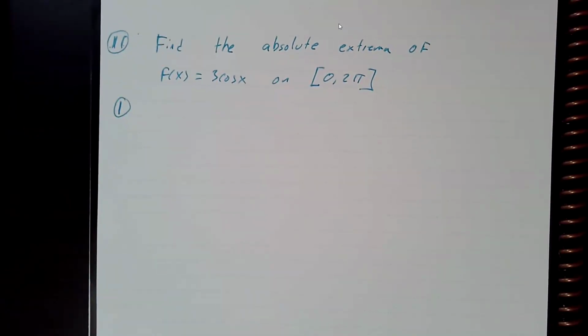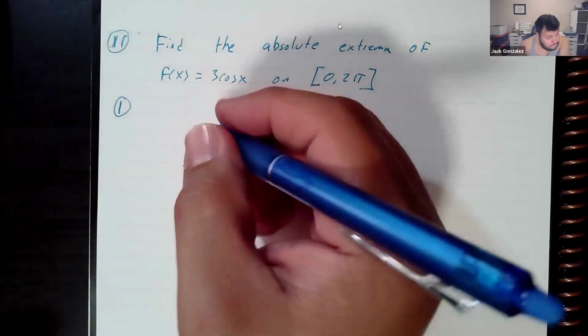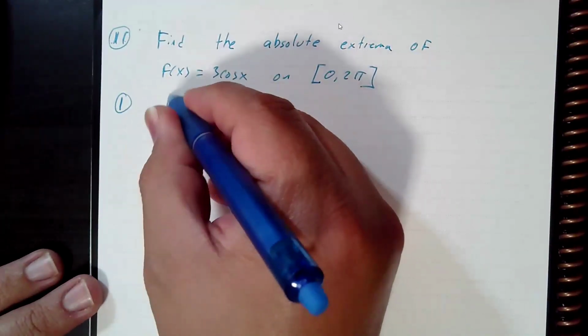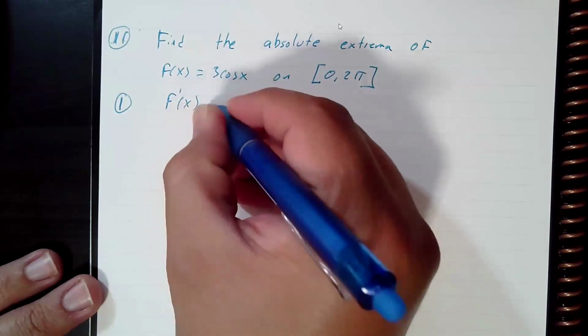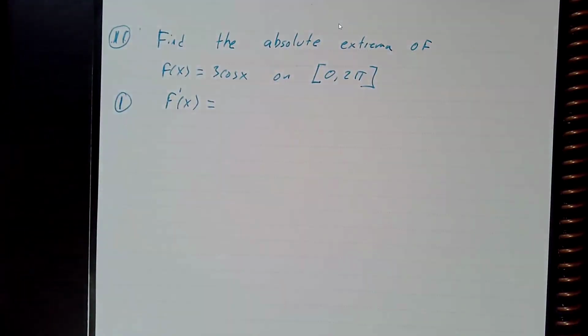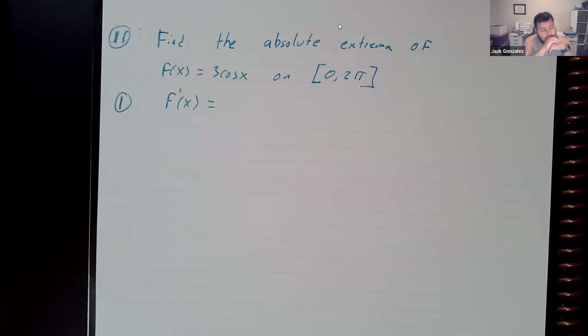What about some of the rules for trig functions? Which ones? I think this question or one of the other ones used one of the less common derivatives. It used the double angle formula. So it was like 2 sine theta cosine theta as sine 2 theta.